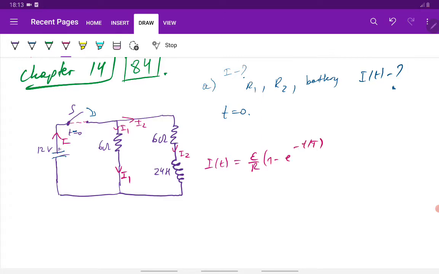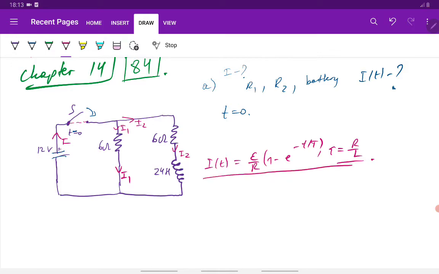So I mean that here tau equals L over R. I mean there are two conditions, right? When we first close the switch, then current goes, and after a long enough time, we will have again current decrease. So we'll have two situations.